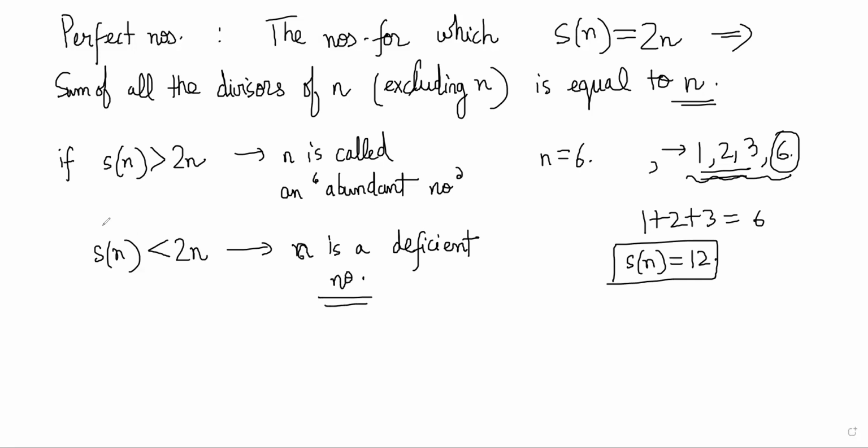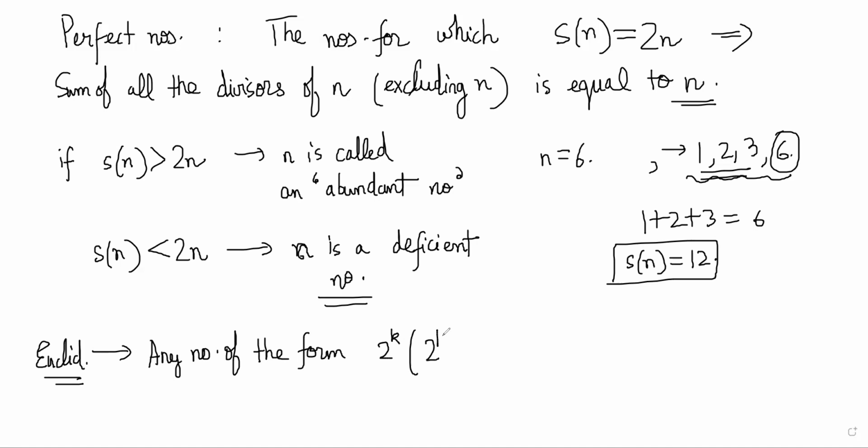And if S of n is equal to 2n, obviously it's a perfect number. Now there is a nice criterion for perfect numbers. This criterion was given by Euclid, which says that any number of the form 2 power k multiplied by 2 power k plus 1 minus 1 is perfect if 2 power k plus 1 minus 1 is prime.